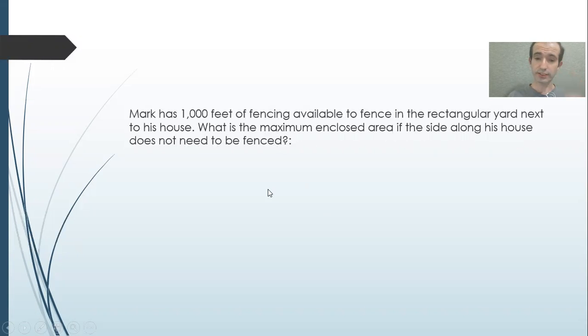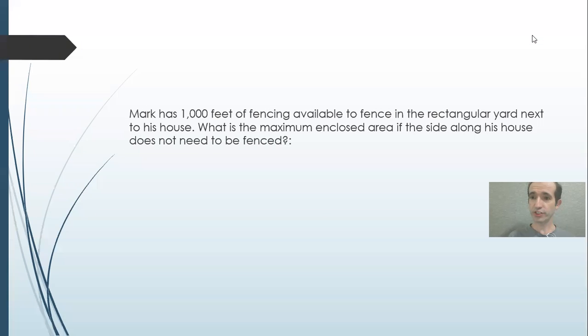First of all, let's think a little bit about the situation, all right? A good way to think about the situation is drawing. You can think about a rectangle, and you can think about this side that you don't need to fence.